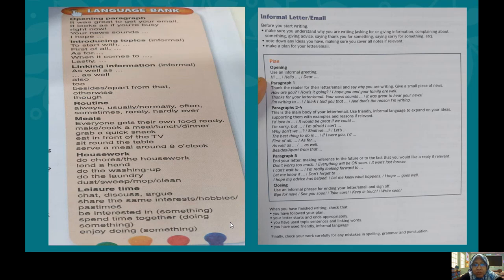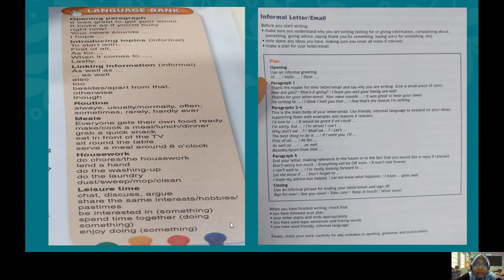Alright, how do you want to introduce your topic? This one, again, in brackets means informal. Informal means you can use it because you are writing to your friend. To start with, first of all, as for, when it comes to, and also, and lastly.